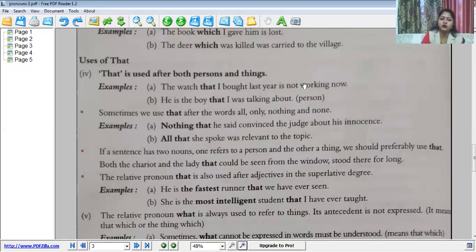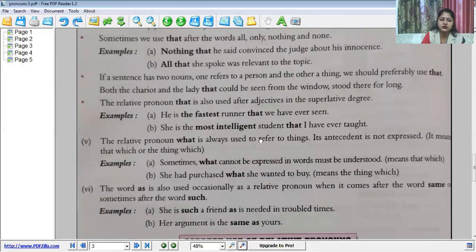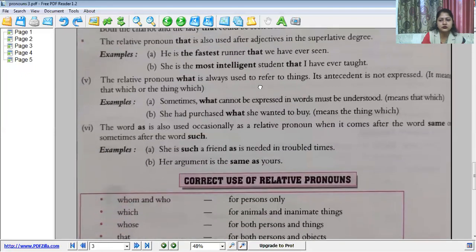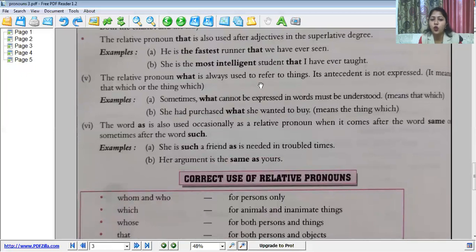Now we use some more relative pronouns. The relative pronoun what is used to refer to things. If the antecedent is not expressed, it means that which or the thing which. Sometimes what cannot be expressed in words must be understood, means that which.